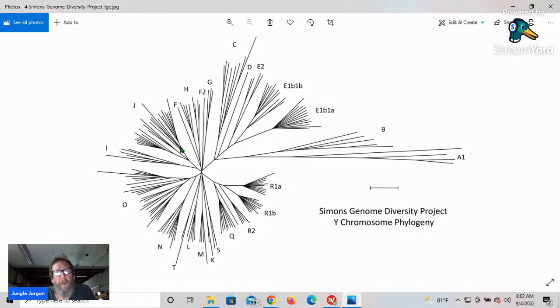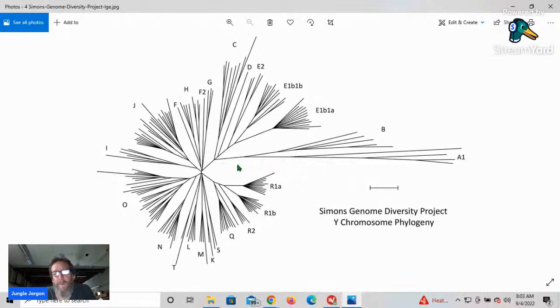Okay, so one point being that this would be the Hamitic, according to the Simmons genome diversity Y chromosome phylogeny. The A, B, C, D, and E would be the Hamitic population, clearly, the youngest son.